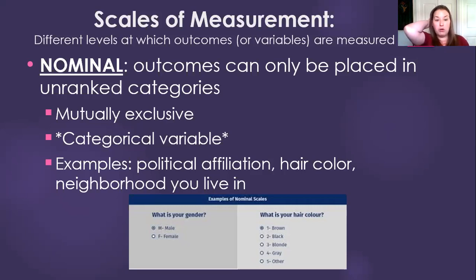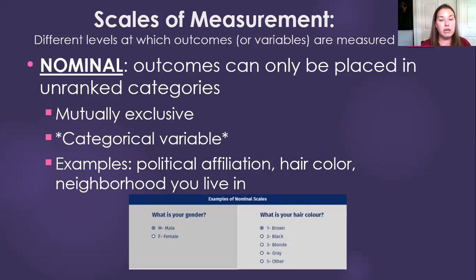So for example, what is your gender? If as a survey item, it is saying, what is your gender, and gives male, female, trans, male to female, trans, female to male, you're being given a set number of categories, and these are mutually exclusive. Mutually exclusive means it can be one category or the other. It can't be both categories.